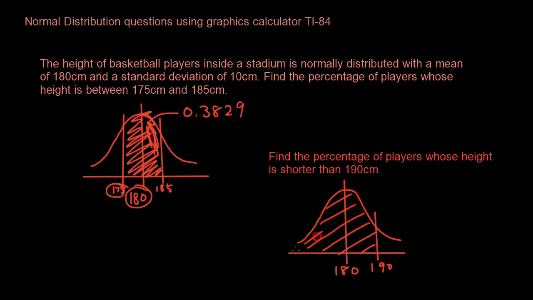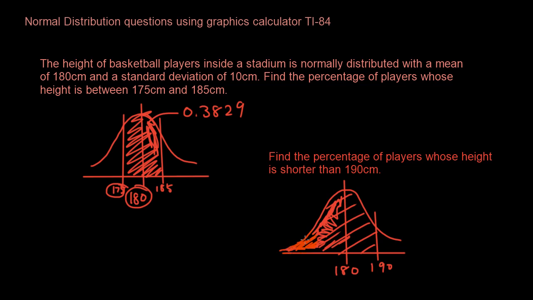Now, you would know from a bit of theory that this normal distribution curve is never going to touch a horizontal line. It is approaching it, but it never touches it. So it's going to be a bit hard for you to estimate the x coordinate for where this line finishes and put that in your calculator.